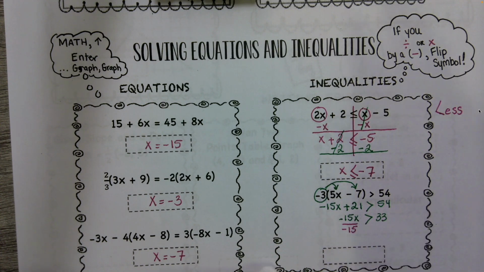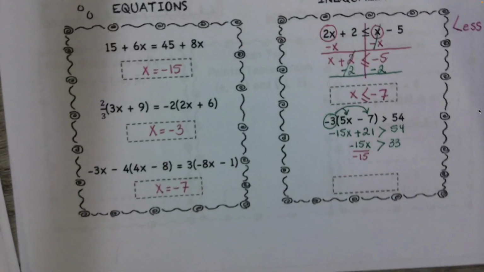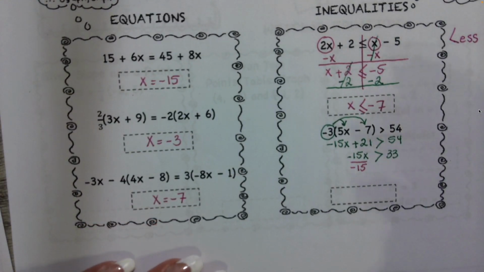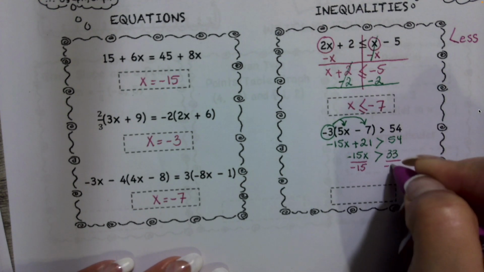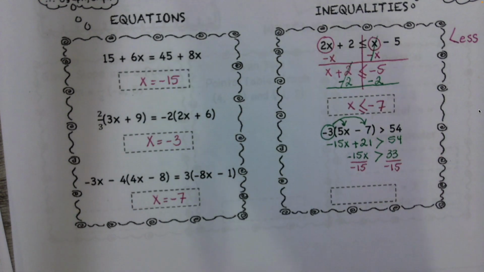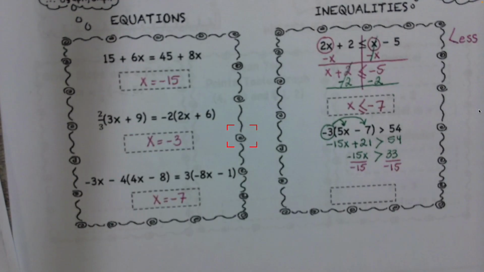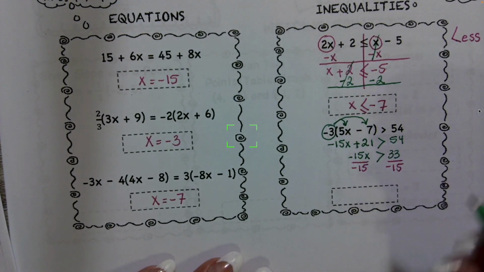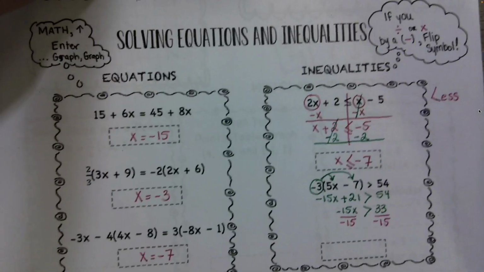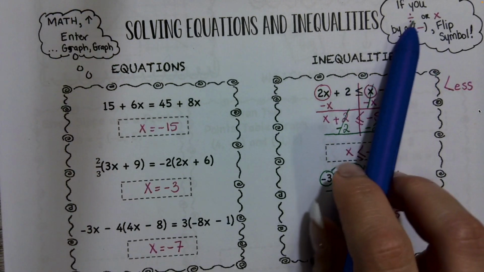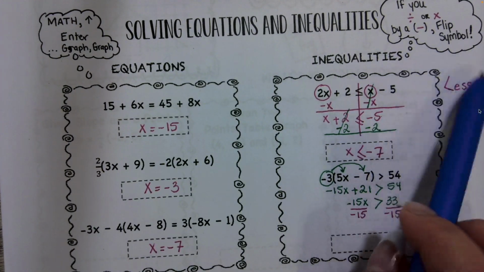Then I have to divide this by negative 15 to be able to cancel it. So therefore I have x by itself. If I do something here, I have to do the same thing on the other side too. So negative 15 on this side too. Okay, that's the part that is very important. Remember I told you that if you multiply or divide by a negative number, you flip the symbol.